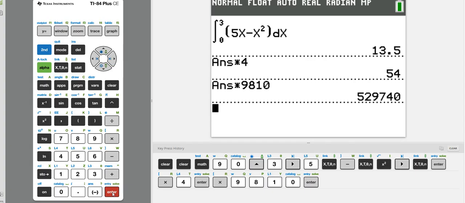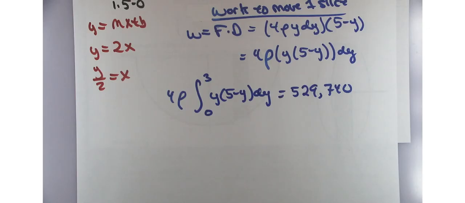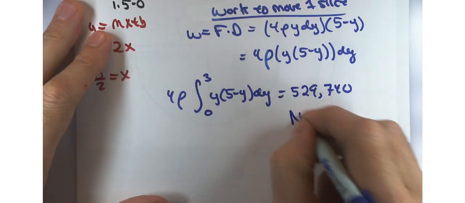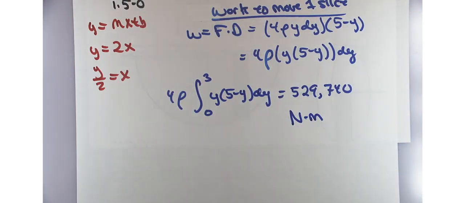But what units go with work in the SI system? Well, work is going to be force times distance. Force is in units of newtons. What's our unit of distance in the metric system? Meters. So newton meters. Your answer here would be newton meters. Nice.